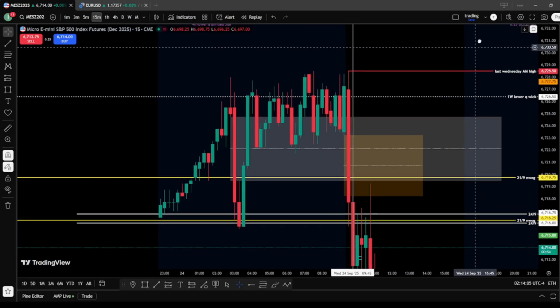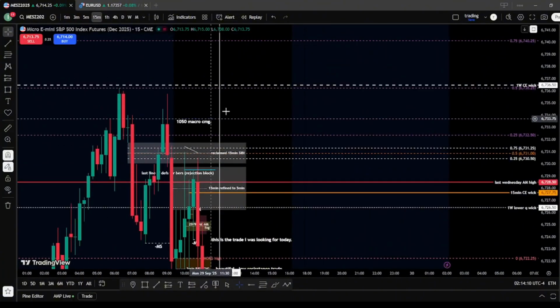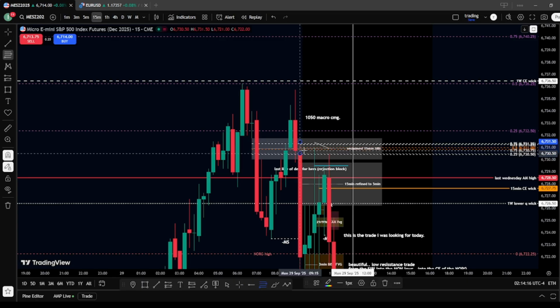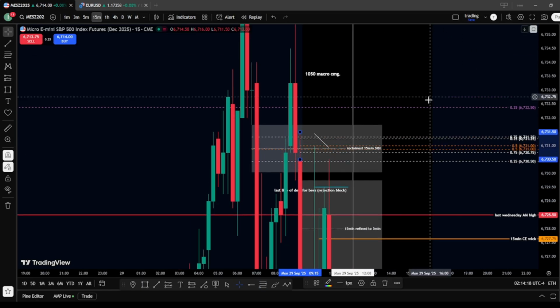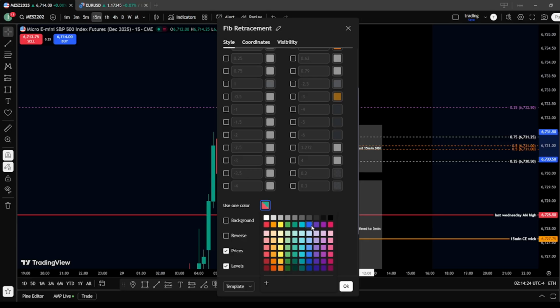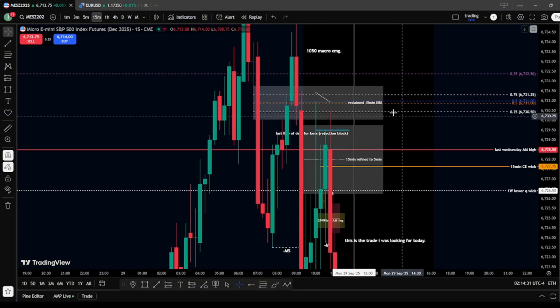Actually on 15-minute we can measure something as well, which is here. If you measure this wick, and then let's just get the 0.5 level and make it dark blue. You can see the wick here stops dead, trades lower.